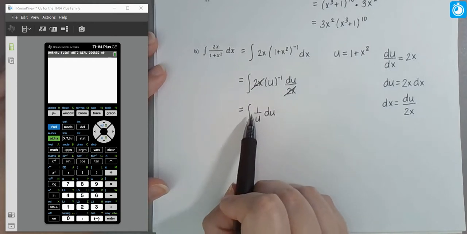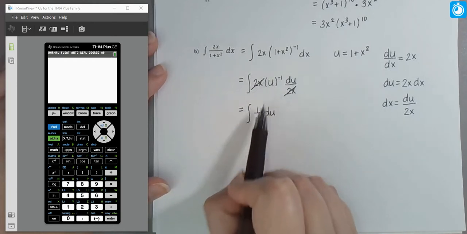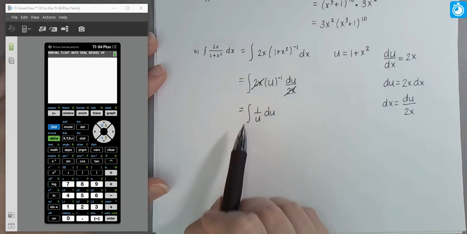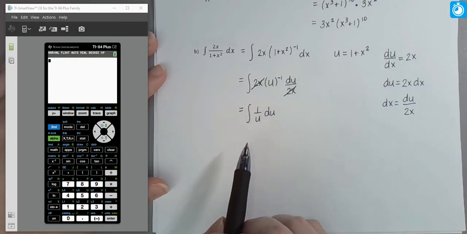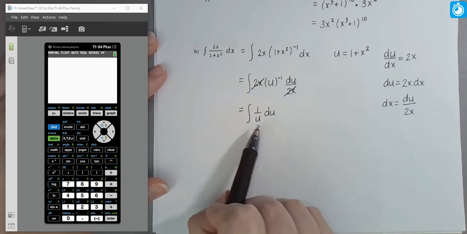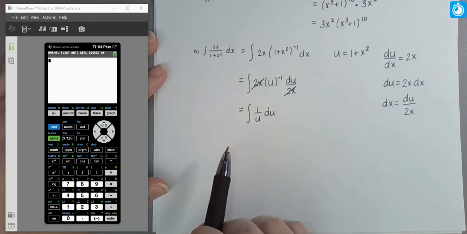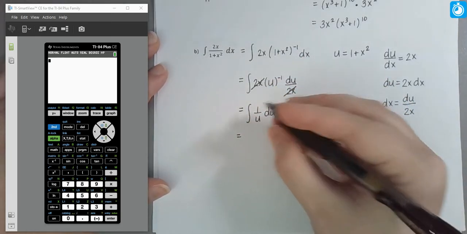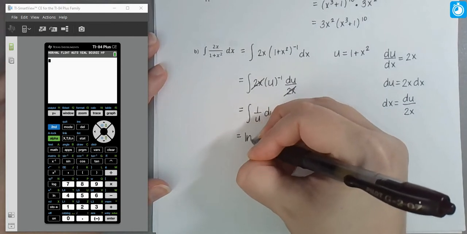Why is that? Well, u to the negative 1 can also be rewritten as 1 over u. And remember, the integral for this particular expression was a special case. It was represented by a special function. In this case, the function we would get would be the natural log function. So when we anti-differentiate, we get the natural log function.